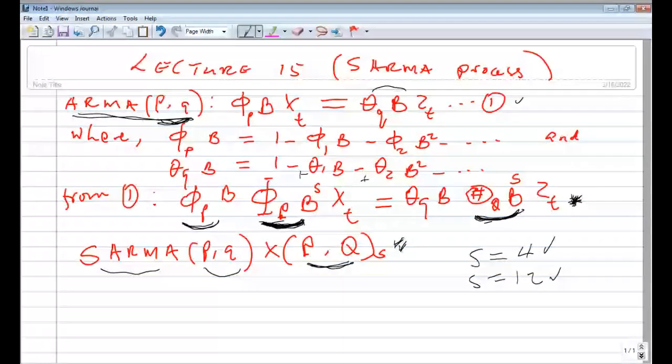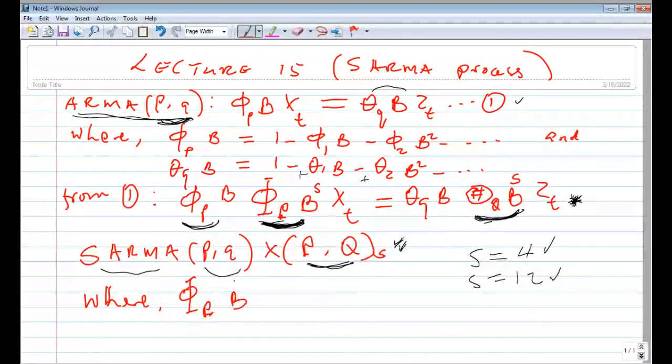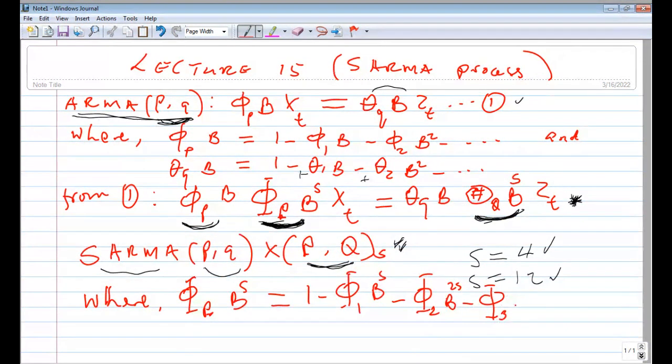So the parts that we have included there, which are our seasonalities for both autoregressive and moving average, can be written as, where the seasonal part of an autoregressive, which is capital Phi P of B to the power S, is equal to 1 minus capital Phi 1 B to the power S minus capital Phi 2 B to the power 2S minus capital Phi 3 B to the power 3S, and so on, like that.